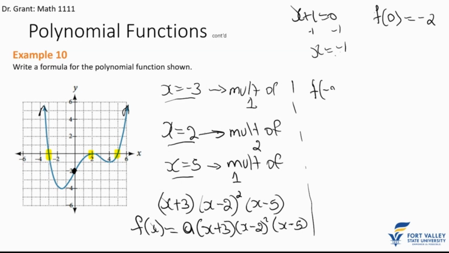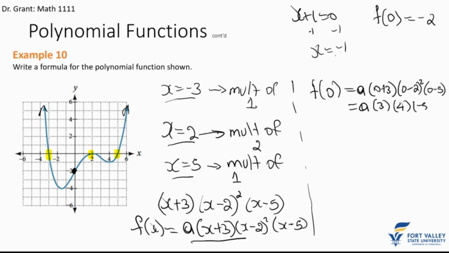So f of 0 equals, well, this is my f so far, a times (0 plus 3), (0 minus 2) squared, (0 minus 5). So this is going to be a times 3 times 4 times -5, and this should be equal to -2.